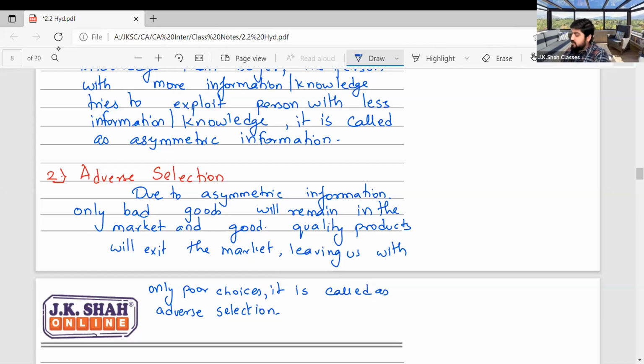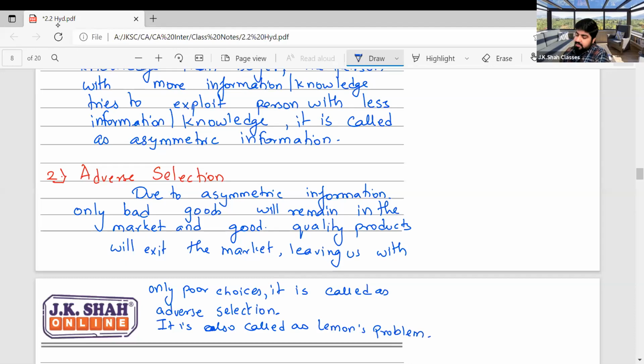Okay. Next. One more thing here. This adverse selection point is also called as lemons problem.